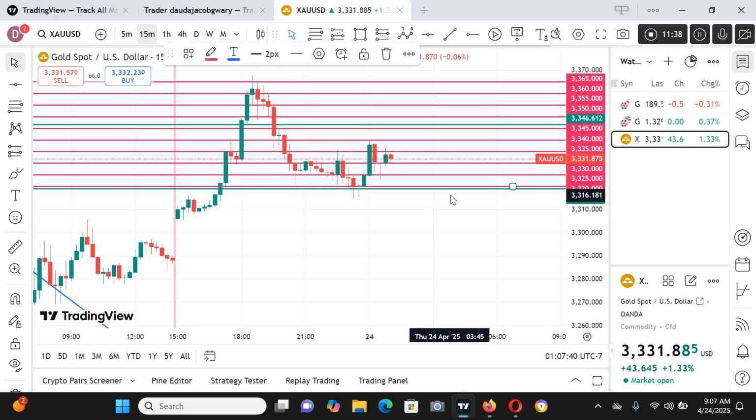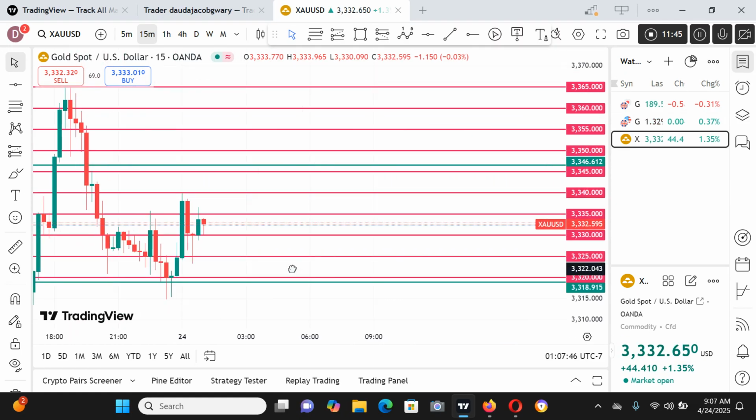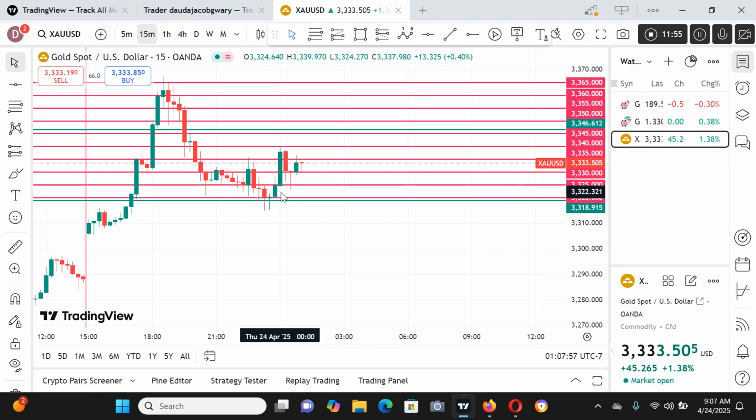So knowing this, you'll be able to know when to enter and when to get out of the market. You can see this is our psychological level on gold. If you look at it carefully, you find that anytime price gets to a psychological level, it tends to react most of the time. You can see price reacted here.